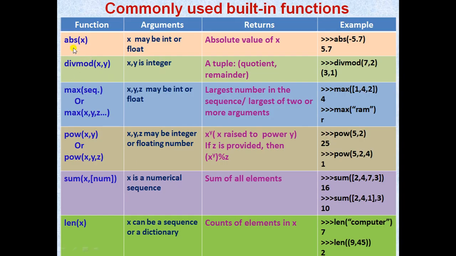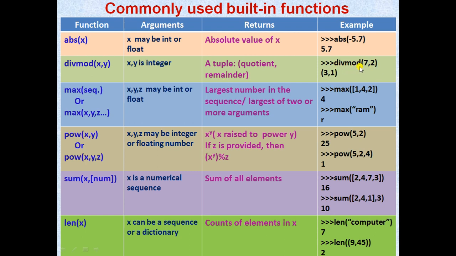The first function that we discuss here is abs. abs is a function which returns the absolute value, or exact value without the sign, of a floating number or an integer number. If you write minus 5.7, its absolute value is 5.7, and abs will return 5.7. The divmod function returns a tuple of quotient and remainder.